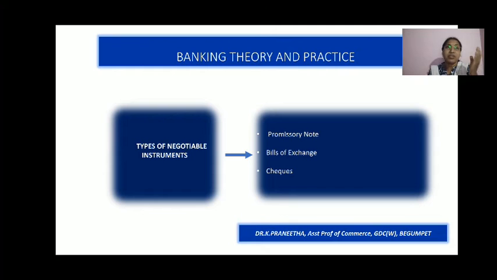The person who makes the promissory note and promises to pay is the maker of the instrument, and the person to whom the payment is made is the payee.